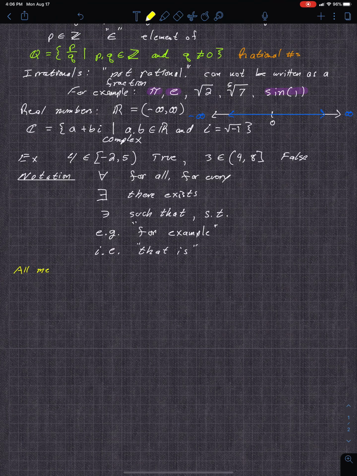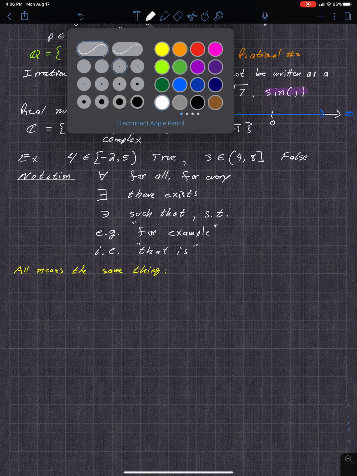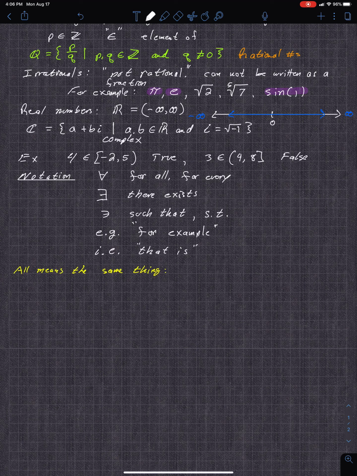So if I say negative infinity less than t less than infinity, that's a longer way of writing just t is an element of the reals. So this notation I'm going to prefer. It's much simpler to write.